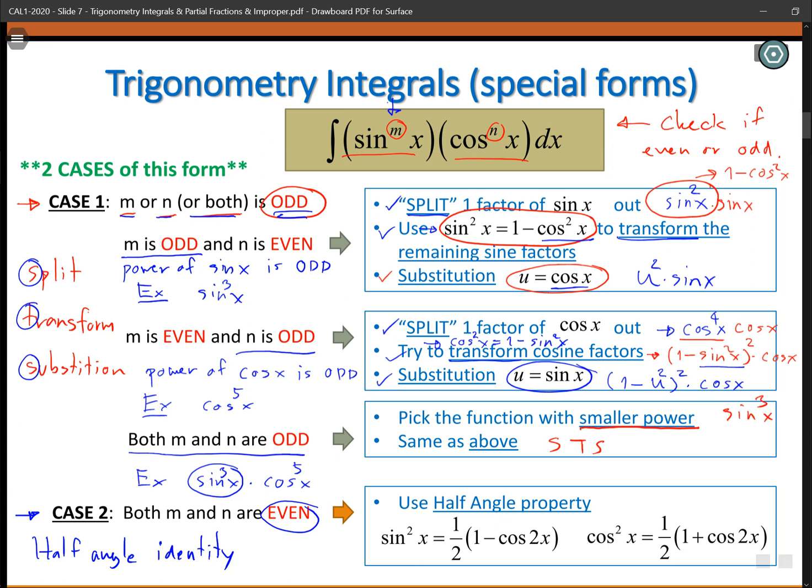So the key point is this, power being odd. Okay, now case 2, when both m and n are even, or you can say that none is odd. The strategy that you need to use here is the half angle property.